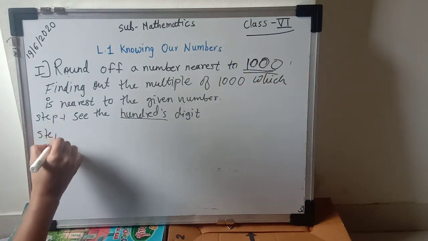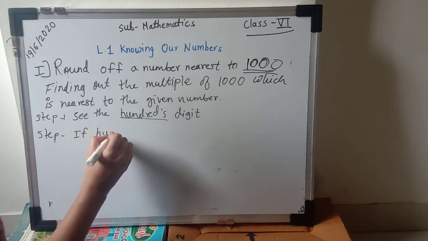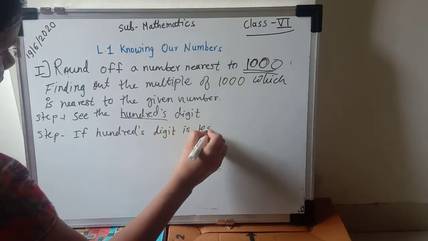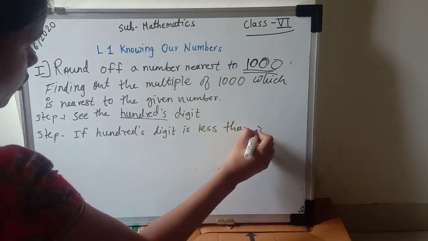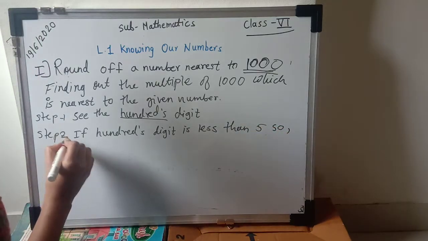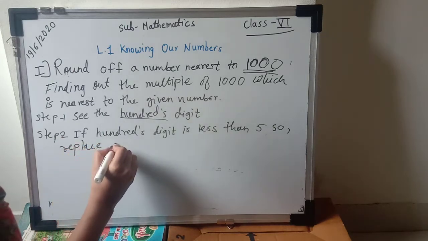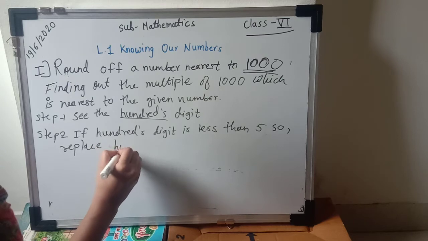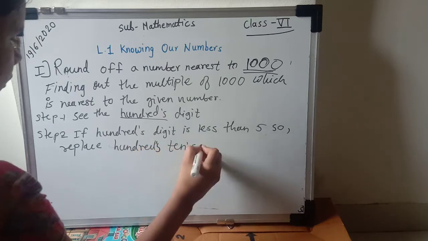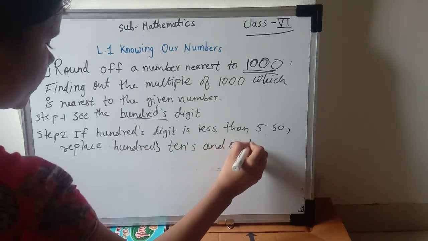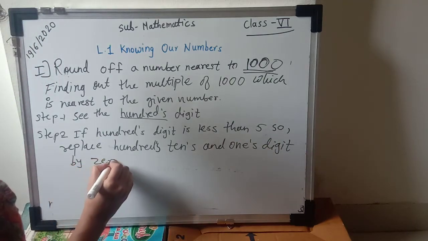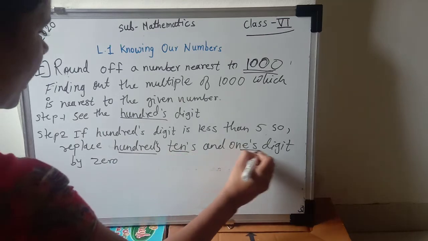Then step 2 is, if the hundreds digit is less than 5, what we have to do is replace the hundreds, tens and ones digit by 0. Means all these three digits you have to replace by 0.